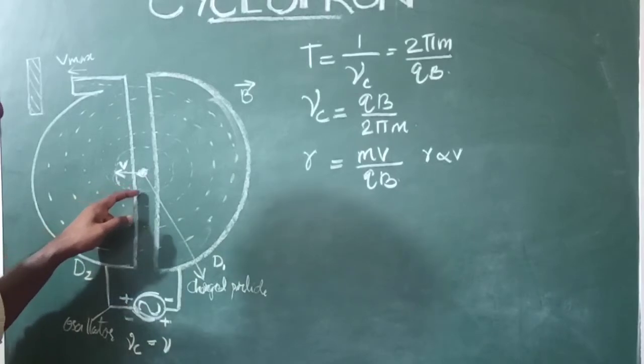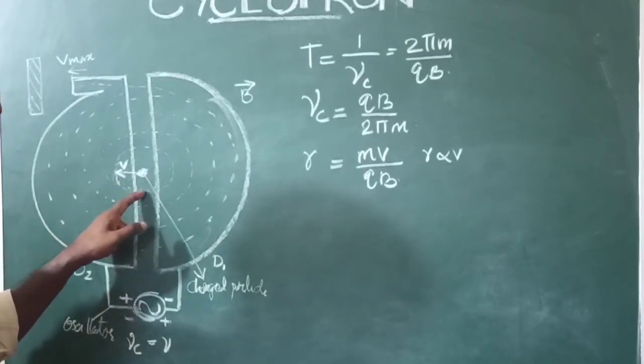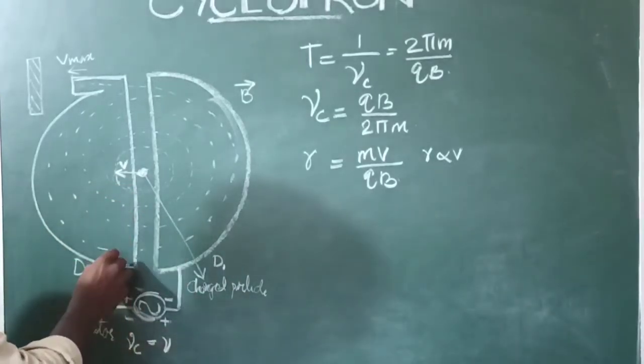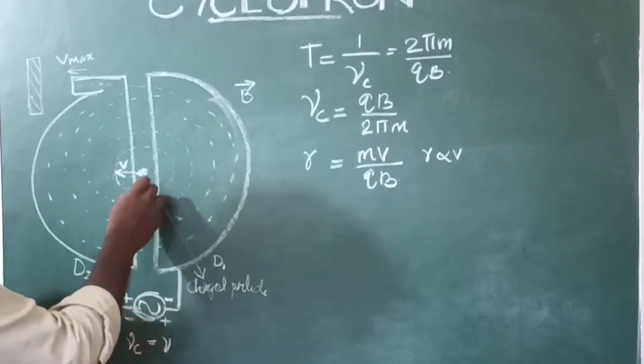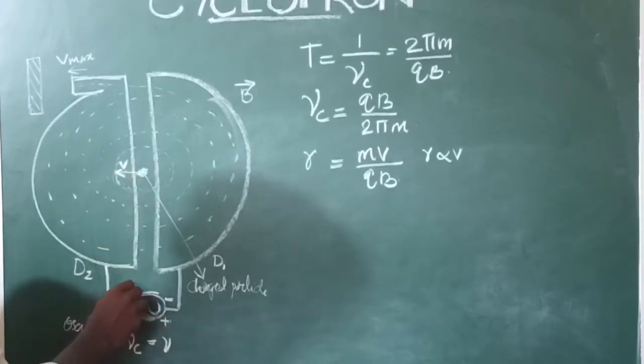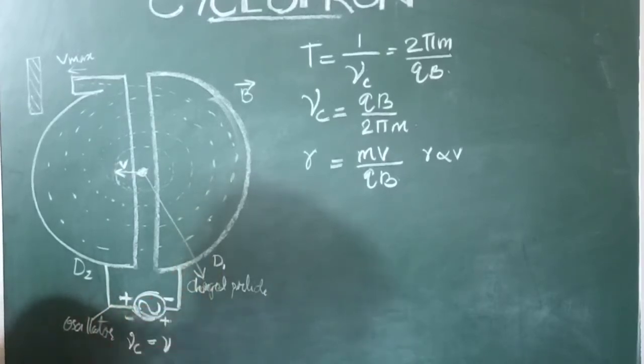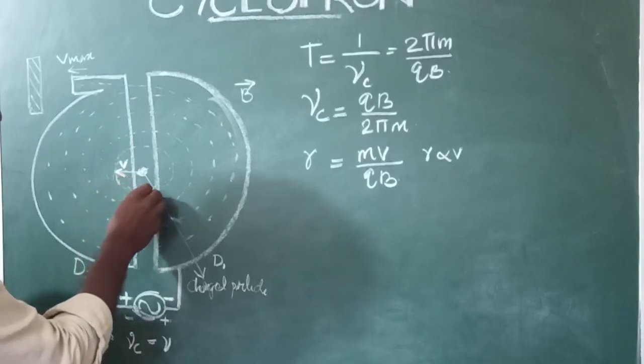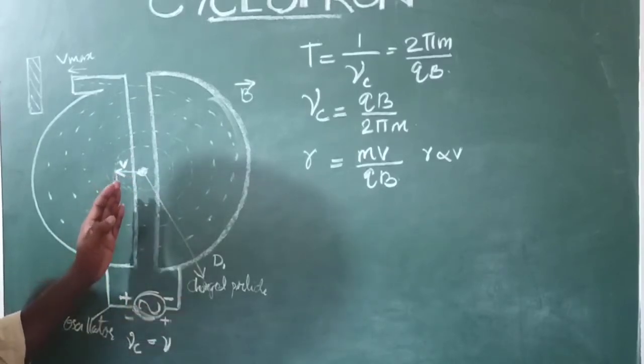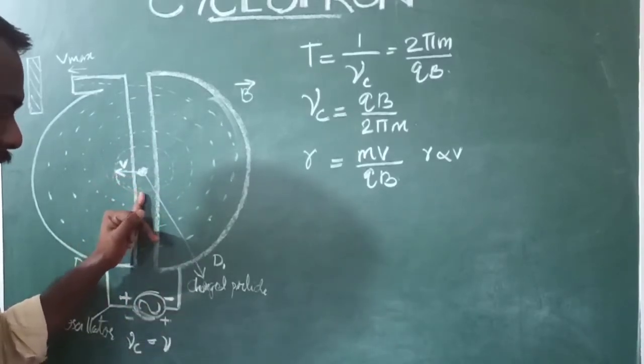As it is about to go out of D2, the oscillator connected to D2 and D1 makes D2 positive and D1 negative. So the direction of the electric field will be from D2 to D1, and due to the electric field produced here, a force is exerted on the charged particle.